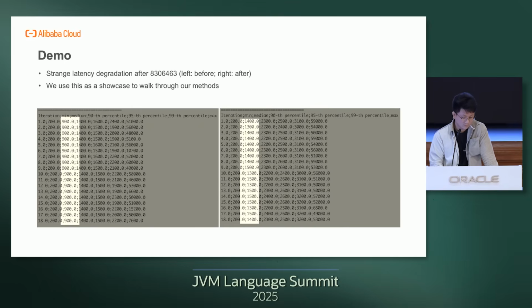On the left, we have P50 readings from SpecJBB, around 900 microseconds. On the right, we have the degradation, which is around 1300 to 1500 microseconds. I'll use this as a showcase to walk through our method.